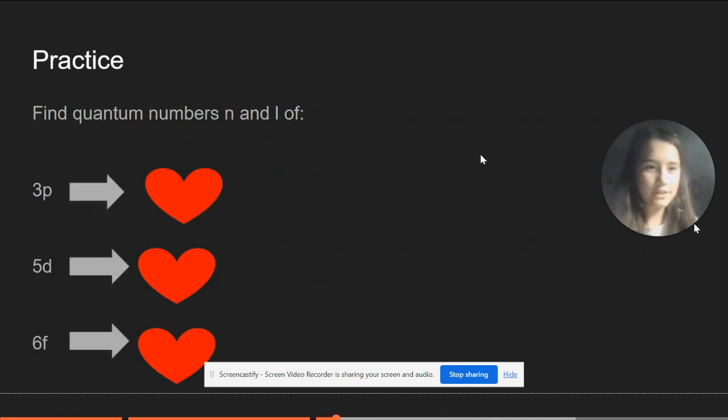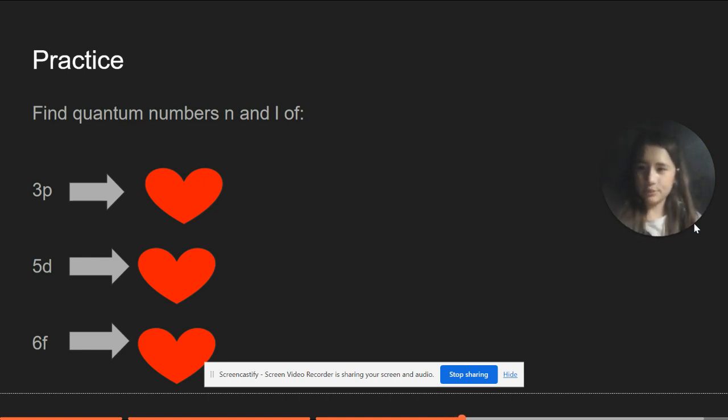Alright, and then here are the problems listed for the book for 6.6 and 6.7, here is the average 6.6 to 6.7 problem. So find the quantum numbers n and l of 3p, 5d, and 6f. I'll give you some time to pause it.